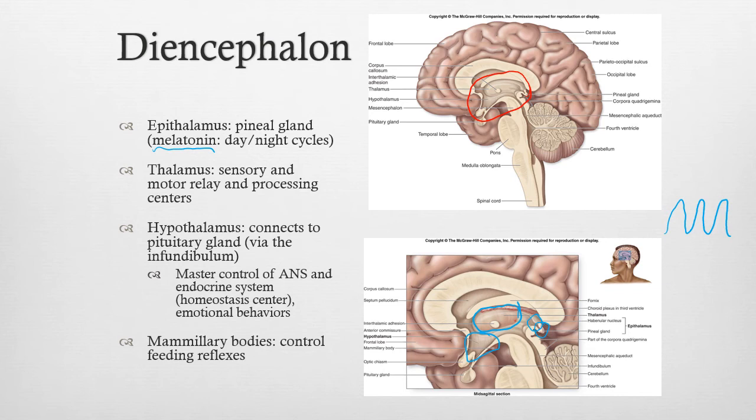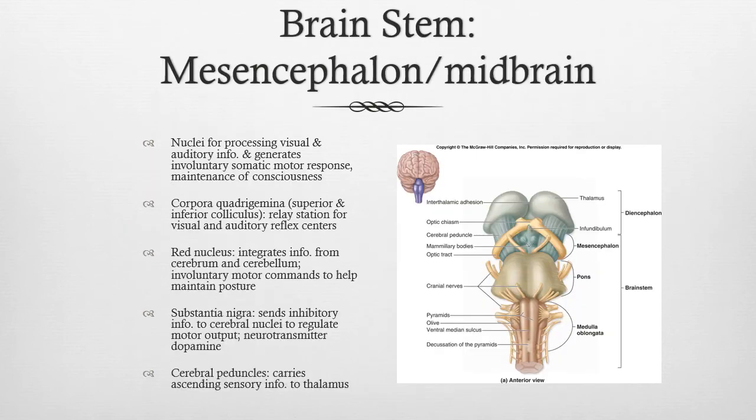The mammillary bodies, which are kind of sticking off between the hypothalamus and the brainstem, are what's going to help with feeding reflexes, especially when it comes to smell.